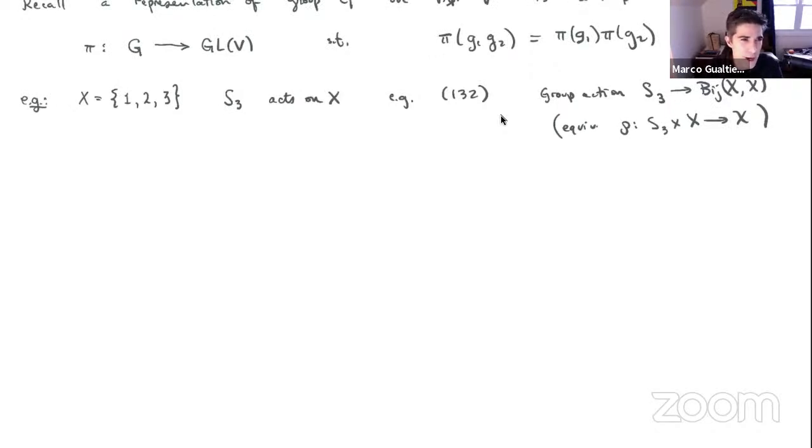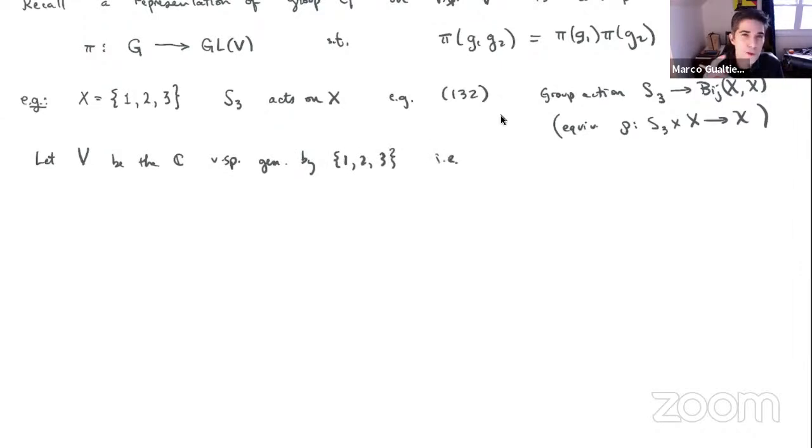But we can make it into a linear action by making the set into a linear space. How do we do that? Well, we can take the vector space generated by the elements of X. So let V be the complex vector space generated by these elements 1, 2, 3.